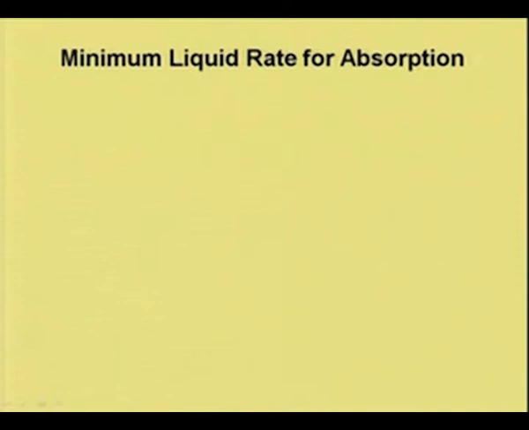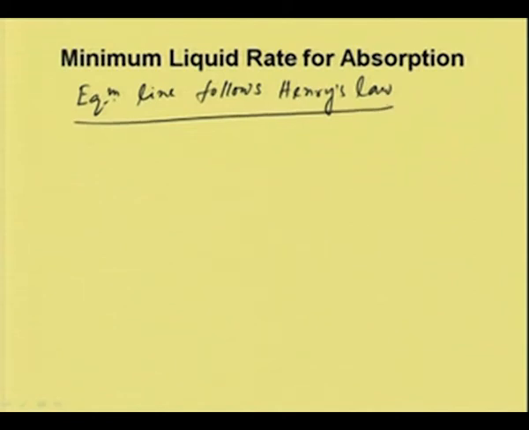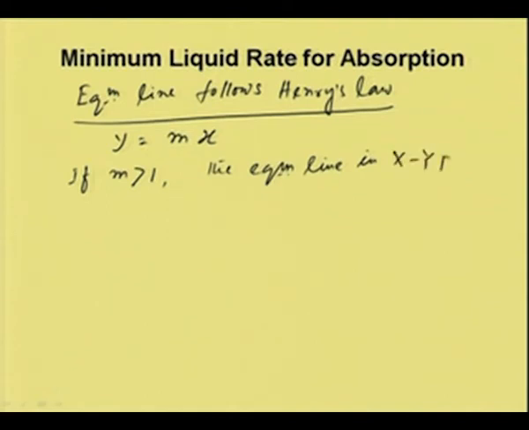Suppose the equilibrium line follows Henry's law, in that case y is equal to mx, and if m is greater than 1, the equilibrium line in the xy plane is convex downward.